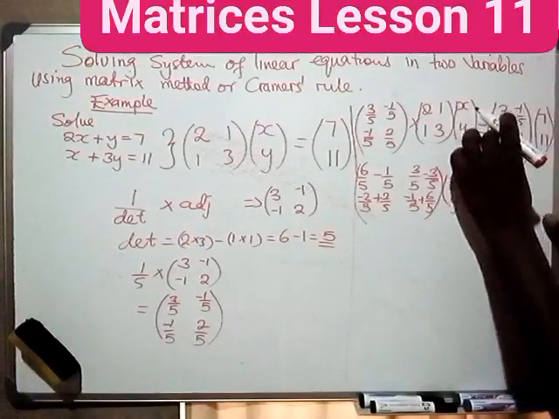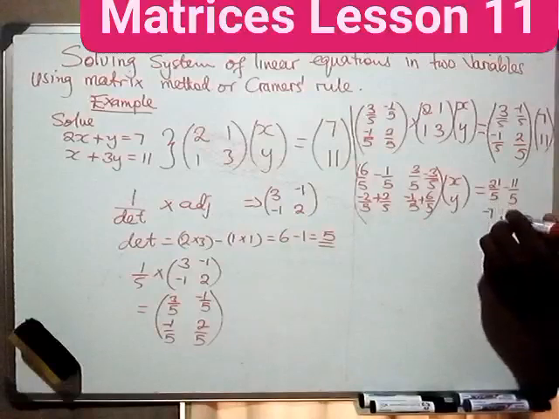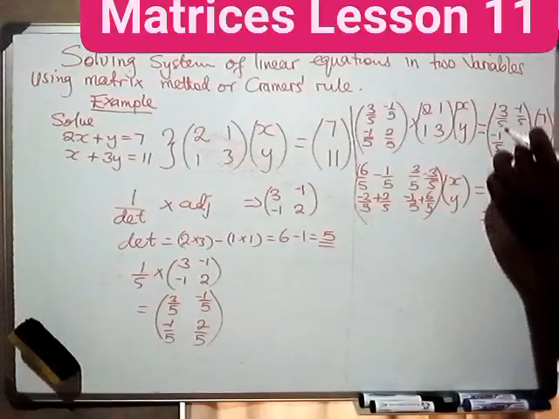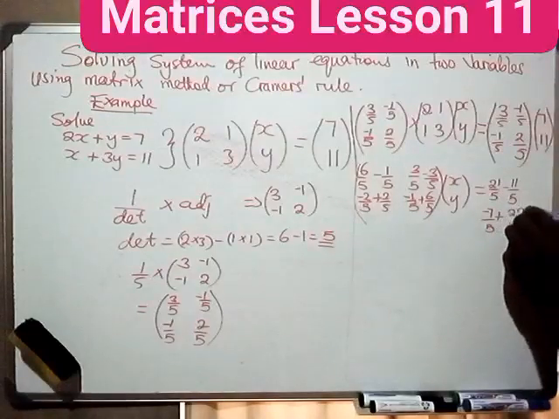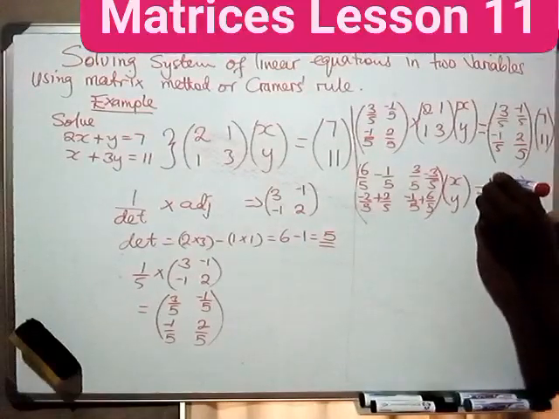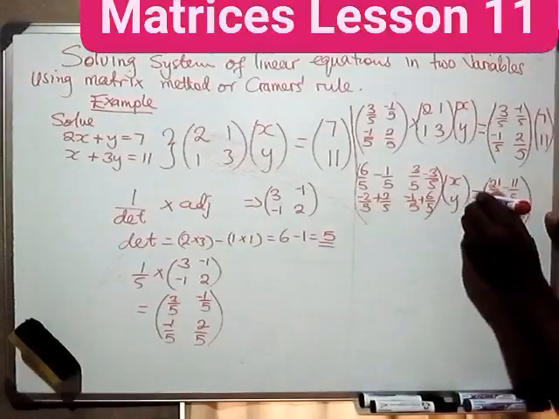Then negative 1 over 5 multiplied by 7, negative 7 over 5, then plus 2 times that one, we're going to have 22 over 5. This is what we have on the other side.